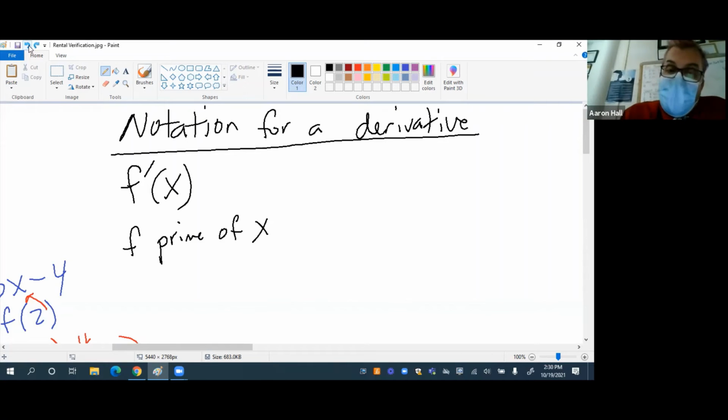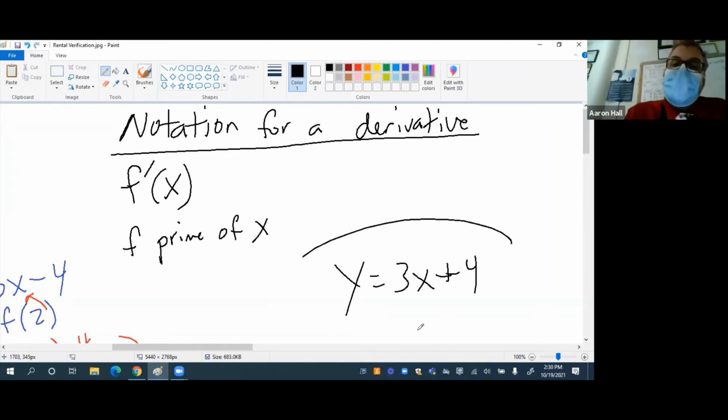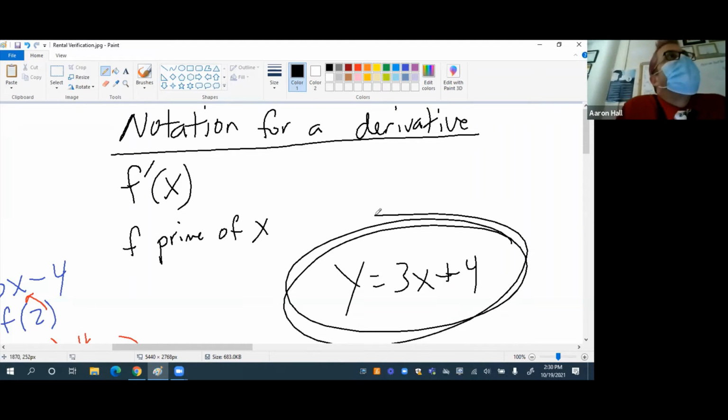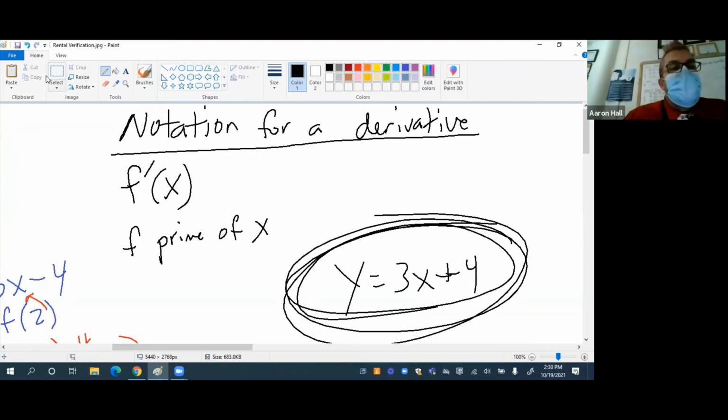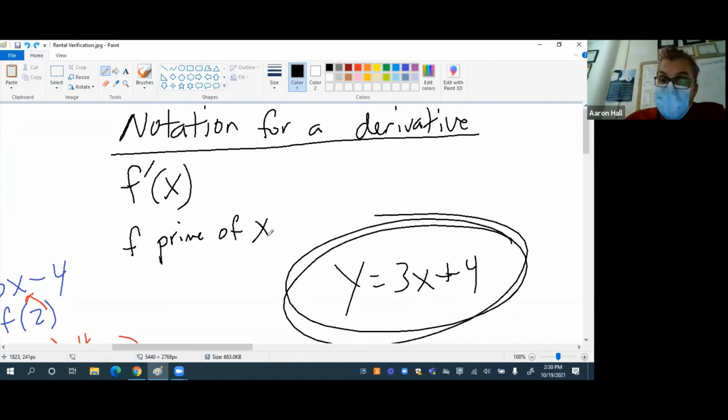We also have, what if I have just y? If I have y equals 3x plus 4, any guesses what the derivative of this is? Yeah, it's just 3, because it's 3 everywhere, right? This is a linear equation, and so we know that this is my slope right here.